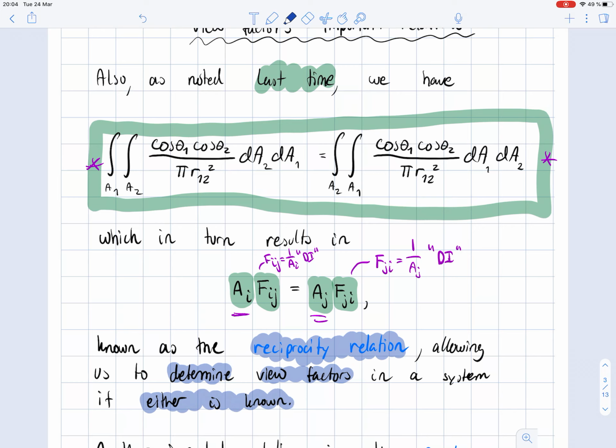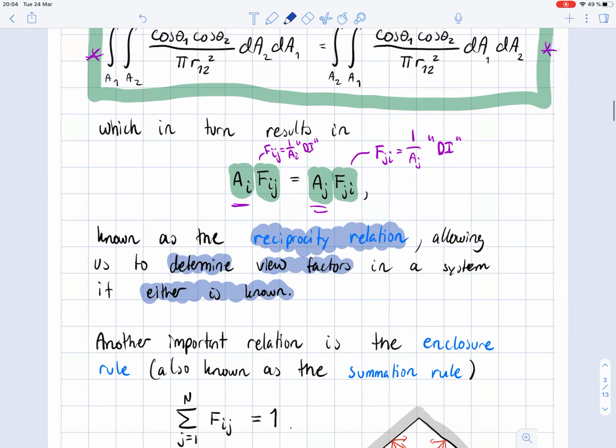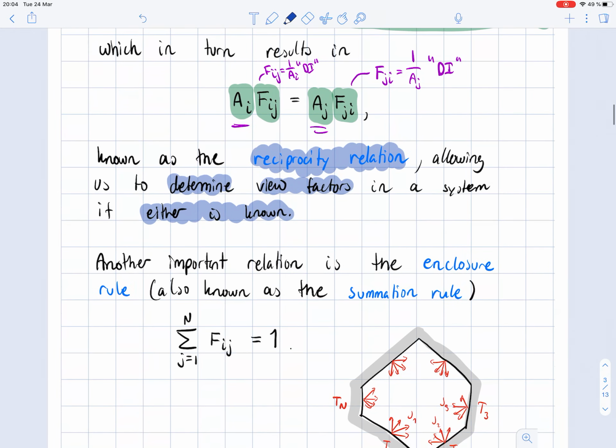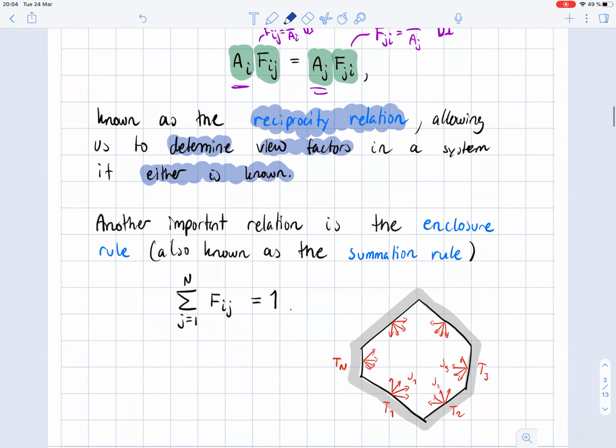So if you know one view factor and the corresponding areas, you can easily calculate what the other view factor is. It also allows you to do some simple substitutions in the expressions that we will look at towards the end of this lecture and the next lecture, making the math come out more convenient. So that was the reciprocity relation, or the reciprocal relation.